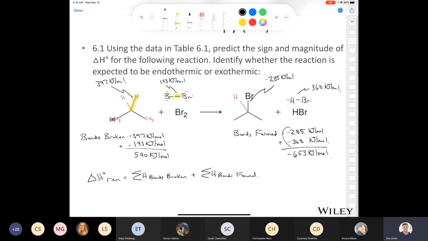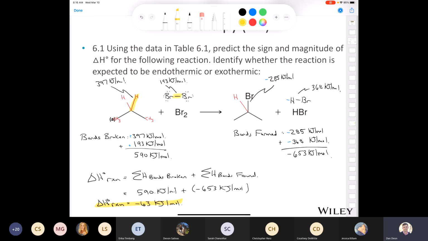But since my bonds formed release energy, when I plug this in, I'm going to have 590 kilojoules per mole, which should be 3 sig figs, plus negative 653 kilojoules per mole. And I get that the delta H of my reaction is equal to negative 63 kilojoules per mole.